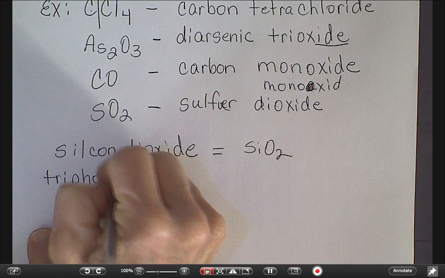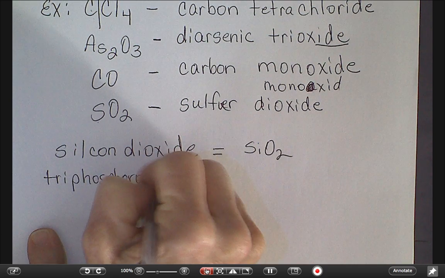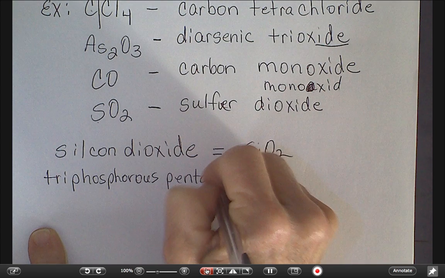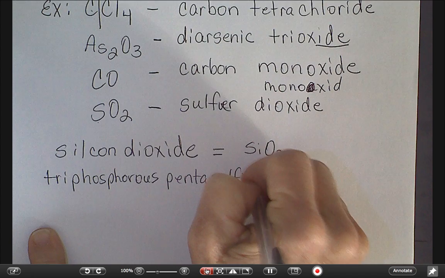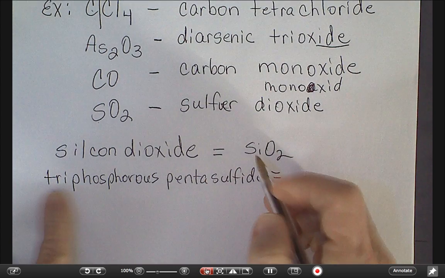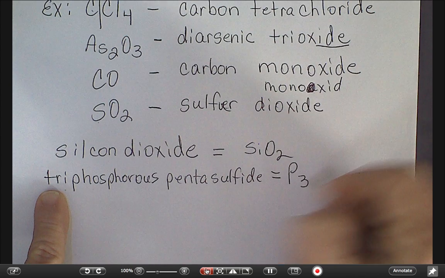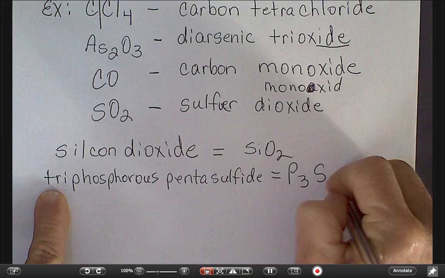Triphosphorus pentasulfide. So it'd be P3S5. Exactly.